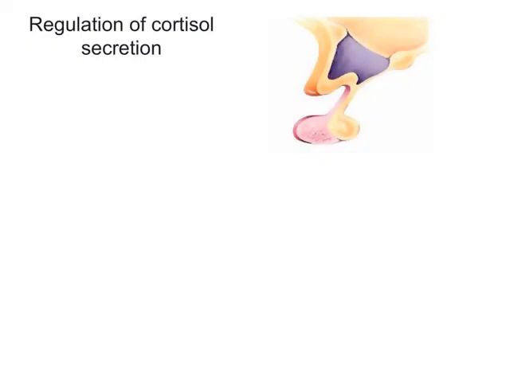Let's take a closer look at the negative feedback system governing the secretion of cortisol from the adrenal glands. As I indicated earlier, the hypothalamus is the command center of the endocrine system. It monitors most, but not all, of the hormones circulating in the blood, and cortisol is no exception. When levels of cortisol in the bloodstream drop below set point, the hypothalamus will secrete corticotropin-releasing hormone, or CRH.